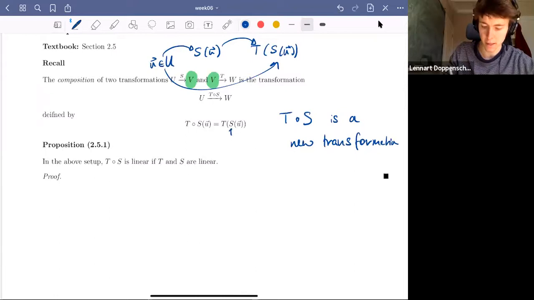So S is the inner transformation that's applied first, but it goes from right to left. This is something you just have to get used to.